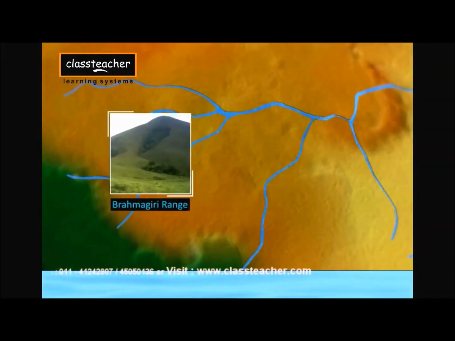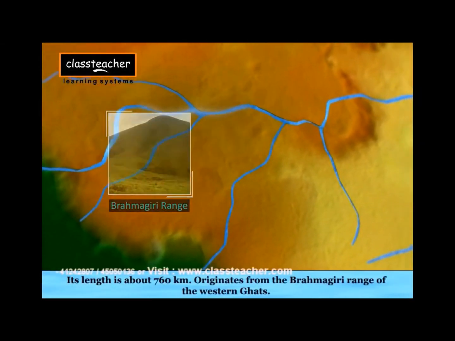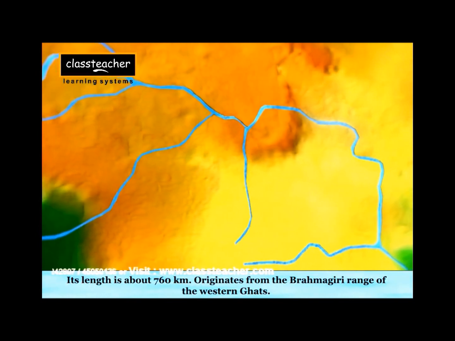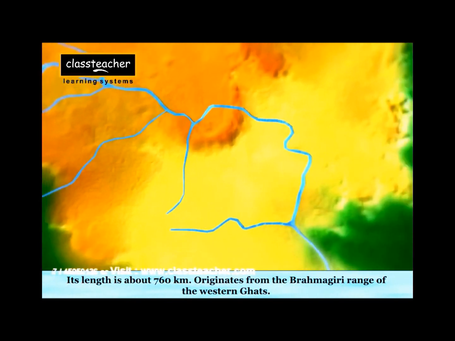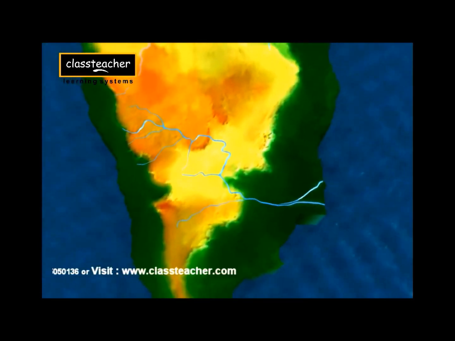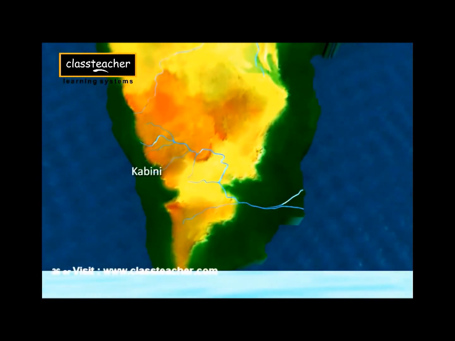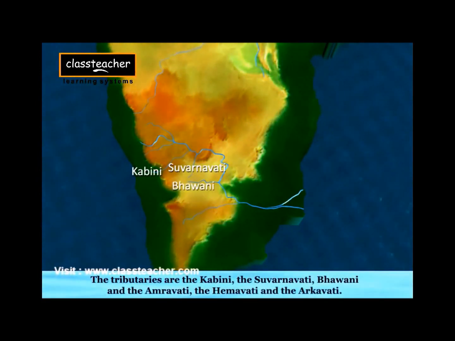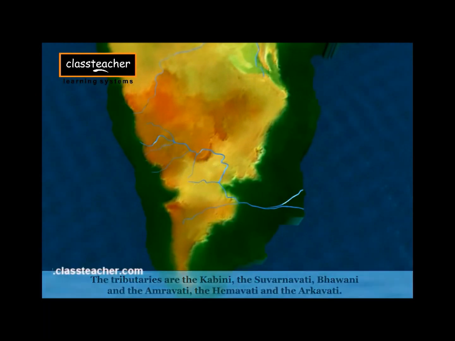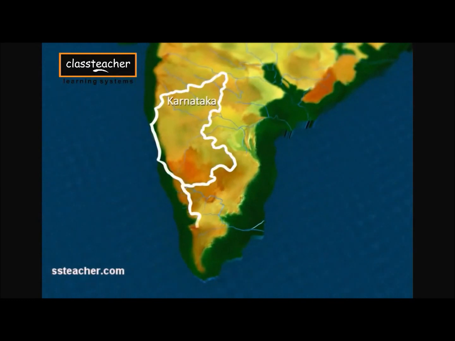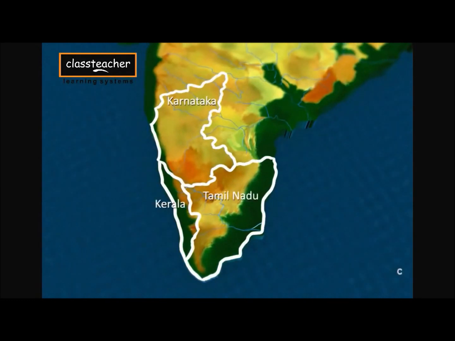The Kaveri rises in the Brahmagiri range of the Western Ghats, flows for about 760 kilometers and reaches the Bay of Bengal. It is joined by the Kabini, the Suvarnavati, Bhavani and Amravati, the Hemavati and Arkavati. The Kaveri Basin covers parts of Karnataka, Kerala and Tamil Nadu.